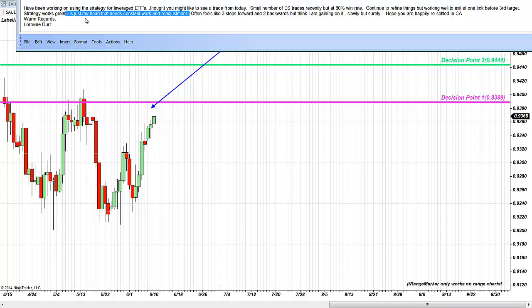You are in charge of your trading. You are in charge of every single trade you place. Do you have enough patience and discipline? Can you play by the rules? And if you observe and recognize that it's you that needs work, not the strategy, that is a very, very important point.